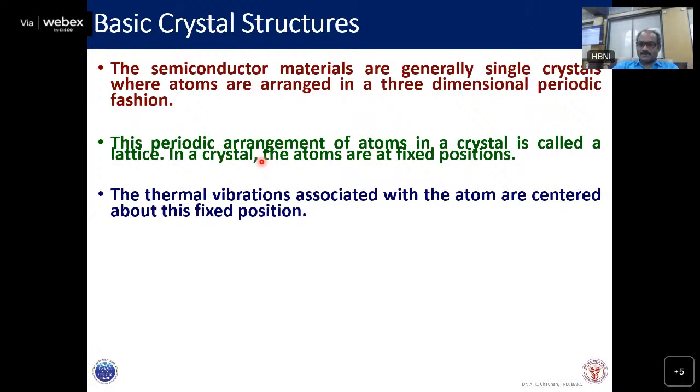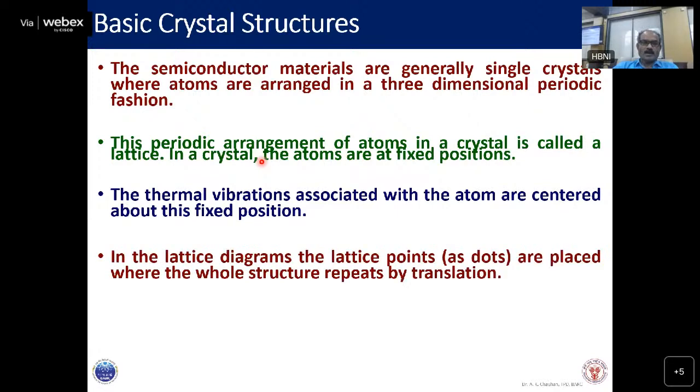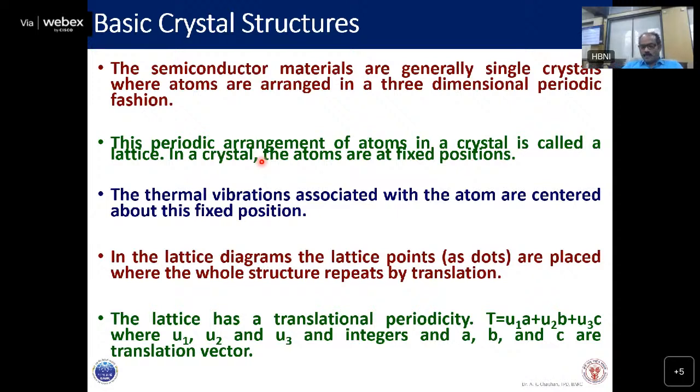The thermal vibrations associated with the atoms are centered around these fixed positions. In lattice diagrams, the lattice points are placed as dots where the whole structure repeats by translation. Actually, these semiconductor materials are usually utilized in the crystalline form. And what is crystal structure?